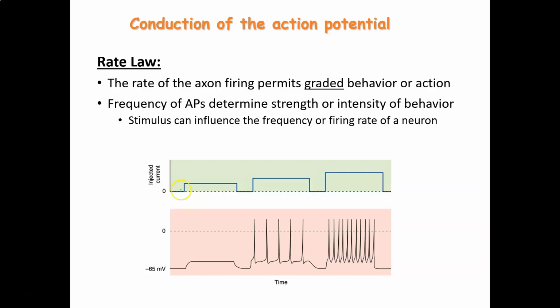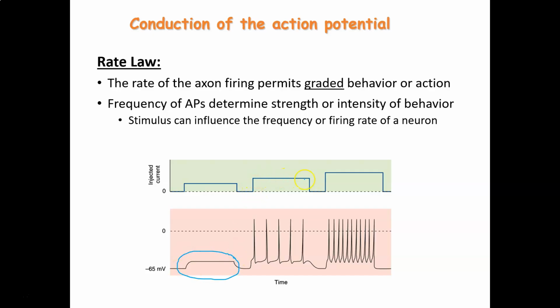And so what you're looking at here is current being injected into that giant squid axon in the petri dish, and then we're measuring the frequency of the action potential that axon has. When we inject a current that's below the threshold of excitation, we don't generate any action potentials.